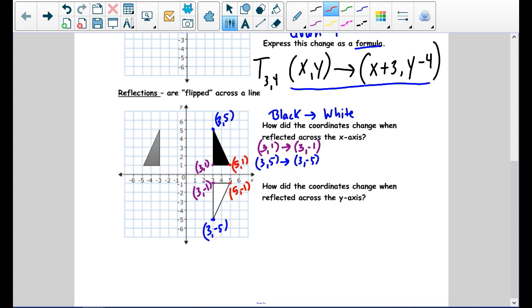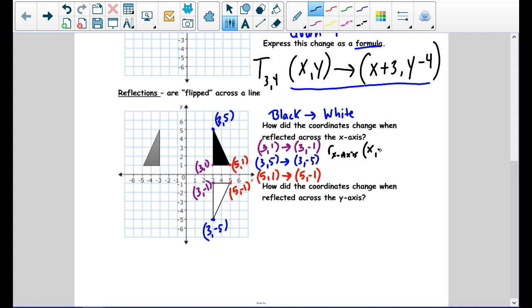And then the last is 5, 1 for my original, reflected, and I get 5, negative 1. So this is what we can come up with now with our mapping. So again, we're going to come up with a rule here. So this is a reflection, okay? So a reflection in this case is going to be the x-axis.